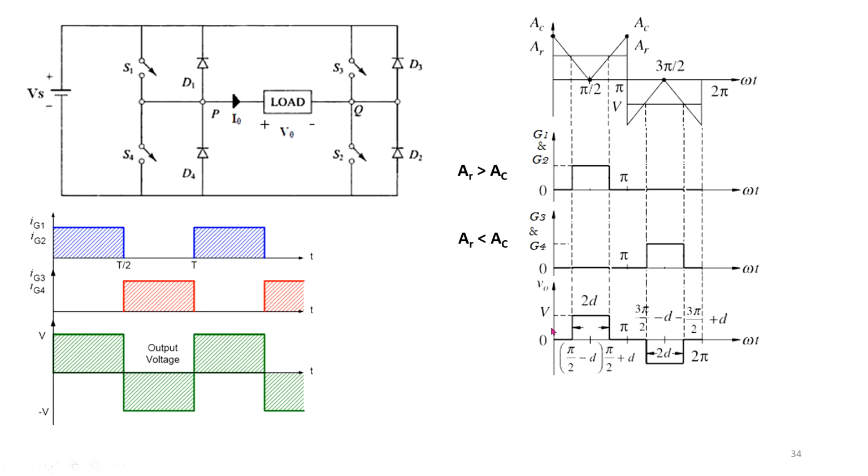So your output voltage will be produced when the reference signal is greater than the carrier signal. Sorry, this is the reference signal and this is the carrier signal. When your reference is greater than the carrier, it will produce output. And in the negative cycle, when your reference is less than the carrier, then it will produce output.